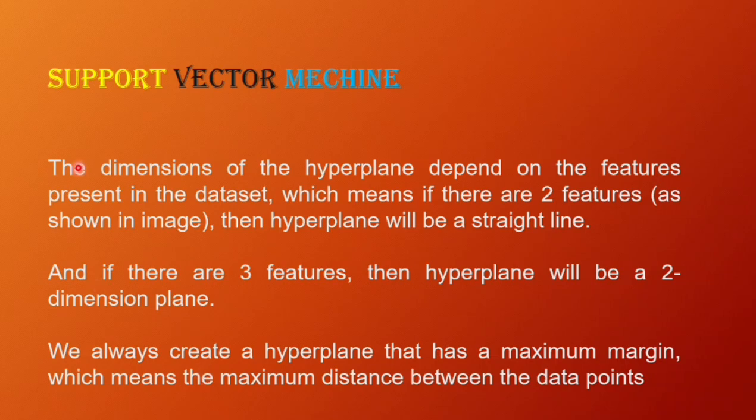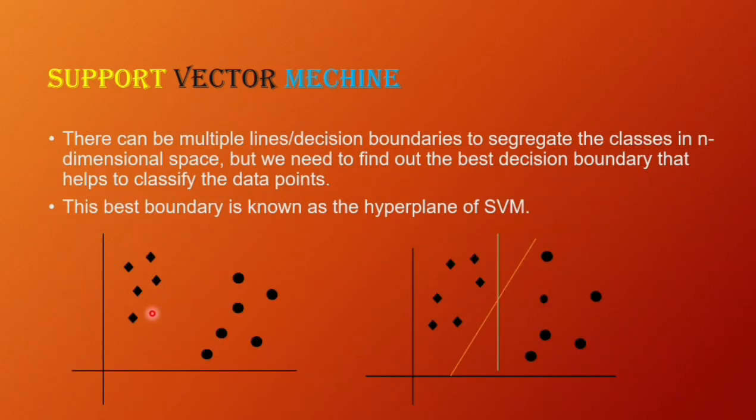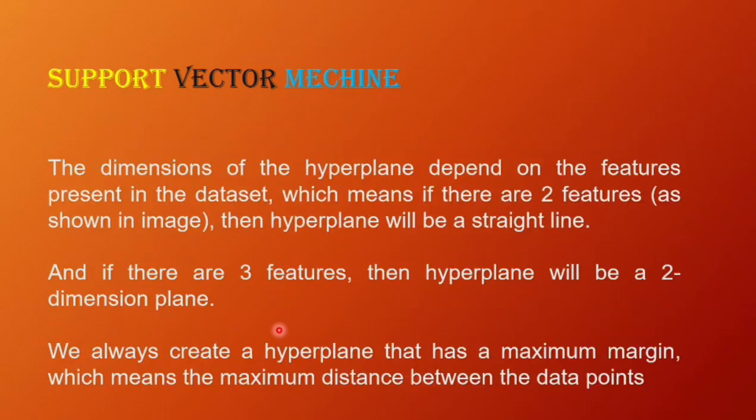The dimension of the hyperplane depends on the features present in the dataset. Which means if there are two features as shown in the previous image, this is one feature and this is another feature. If two features are present, then we have to separate them with the help of a straight line.